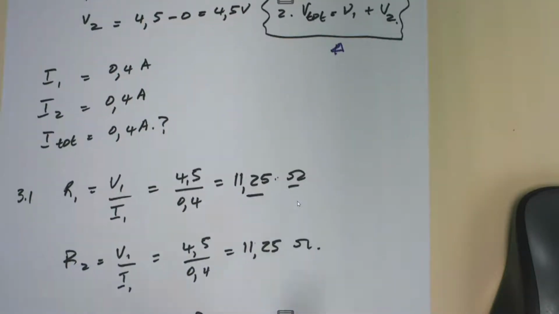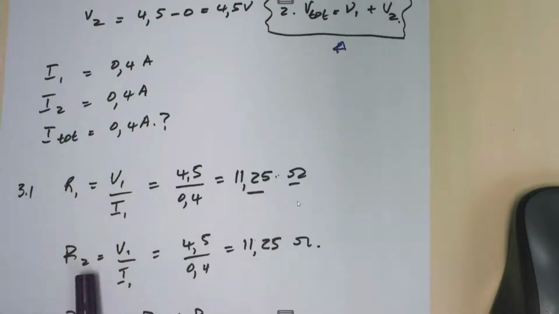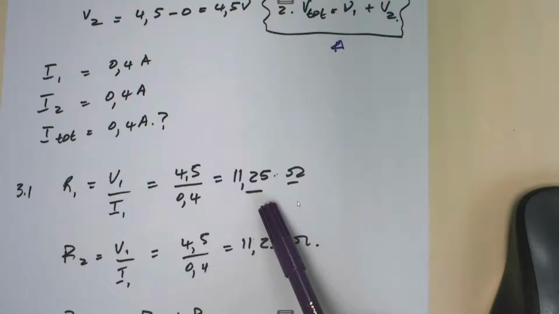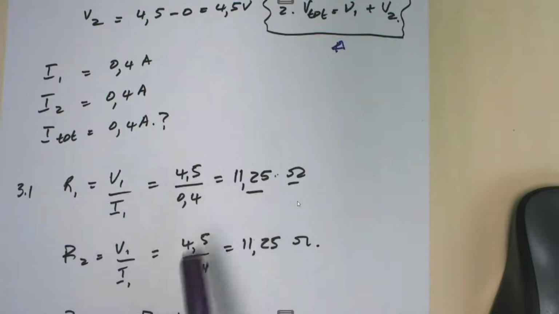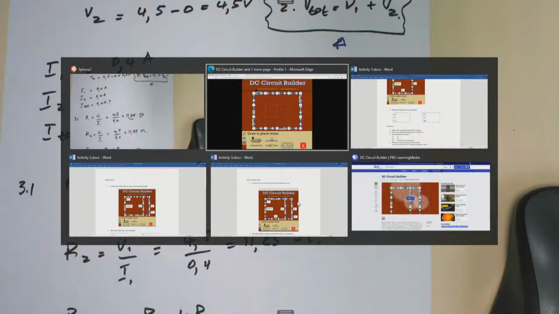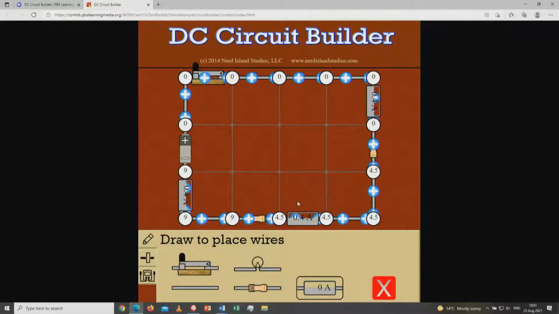Now, I've quickly used the data that we have there to calculate the resistance. Let me just open the circuit and check the resistance of this resistor.